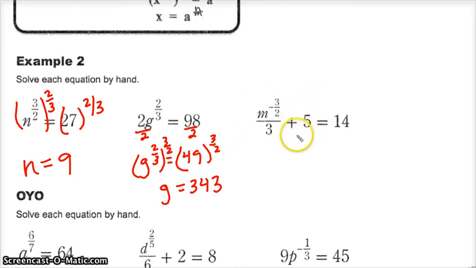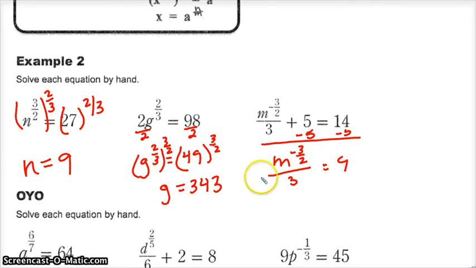Lastly, I need to subtract 5 from both sides. And I get m to the negative 3/2 over 3 equals 9. I then need to multiply both sides by 3. So m to the negative 3/2 equals 27.